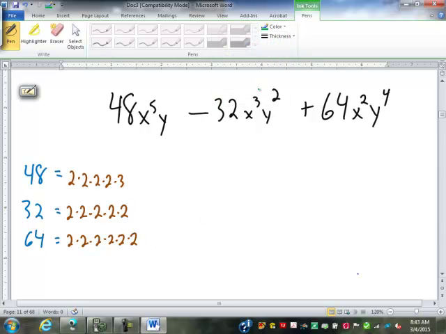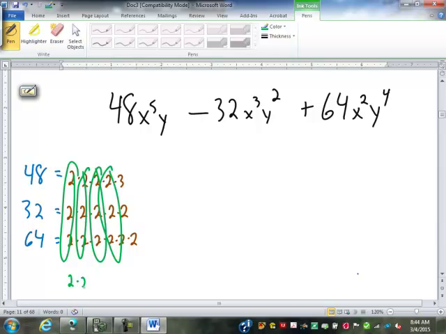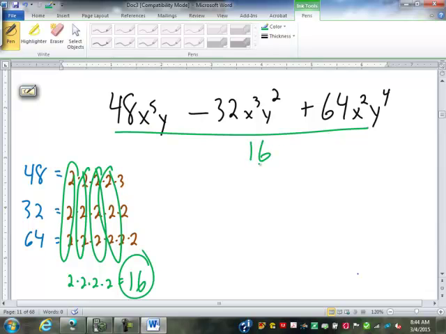You can factor those yourselves using the factor tree if you wish to verify. What do we have in common? They have a whole lot of 2s. How many 2s? 4. 2 times 2 times 2 times 2 is 16. So the numerical portion of our greatest common factor is 16.